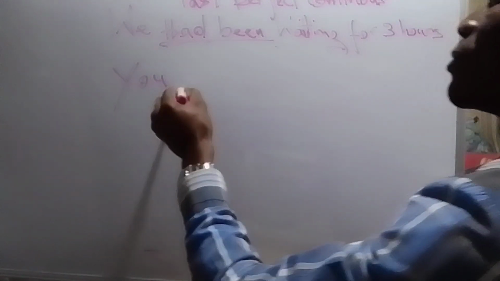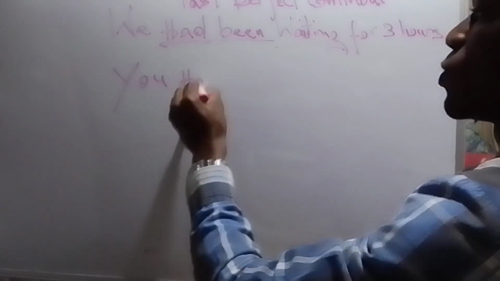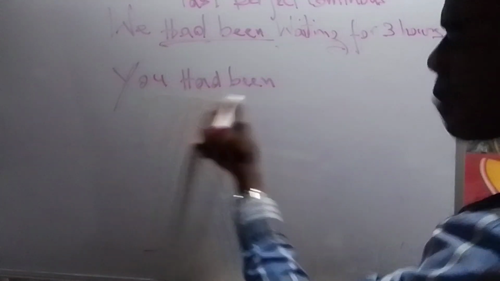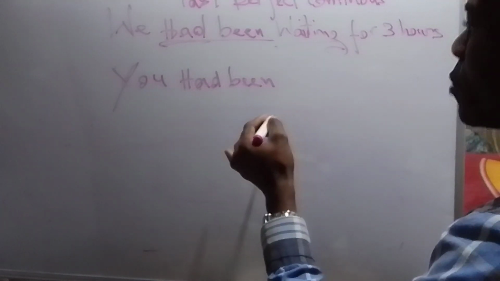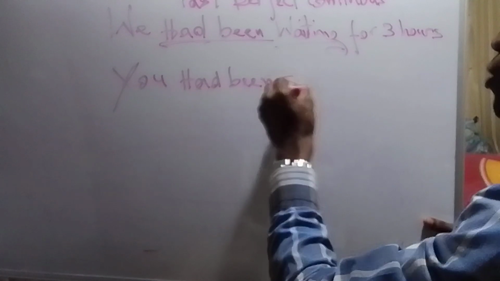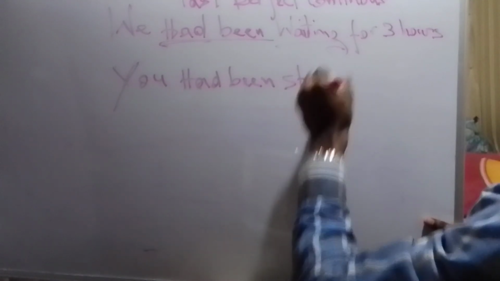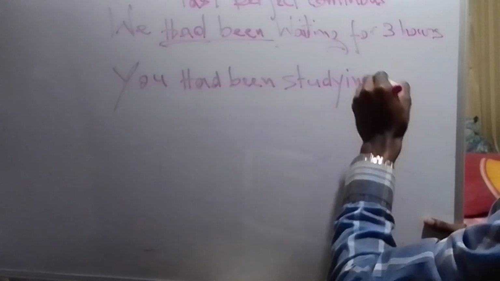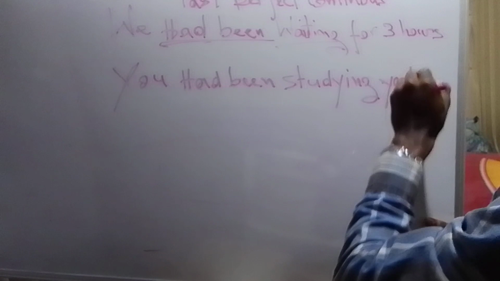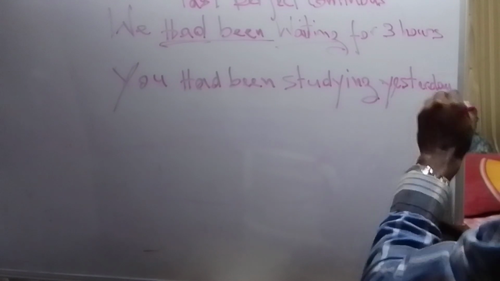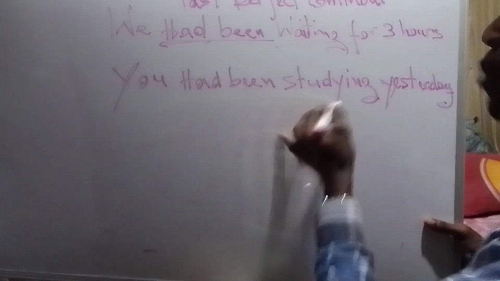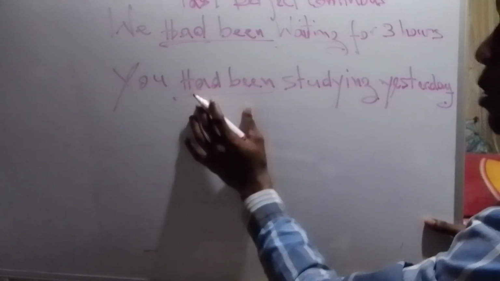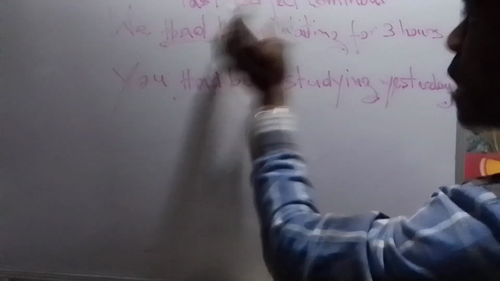You had been, you had been studying yesterday. Yesterday. You had been studying yesterday. The had been, that's the only one that helps you to see the past perfect continuous.